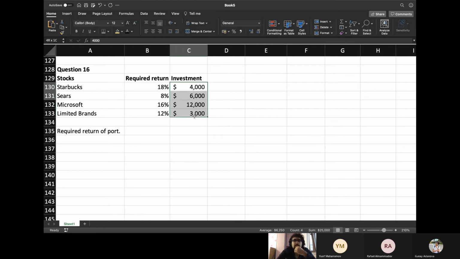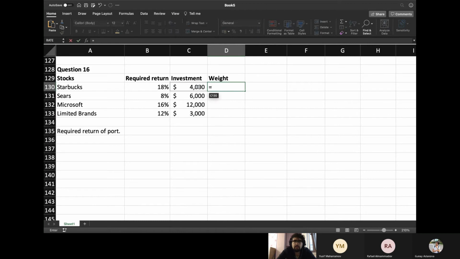So from these investments, we can find the total investment and divide each investment amount by the summation of them. From there, we extract the weights. So the weight is 4,000 over the sum of all of them. Let me fix the cells.